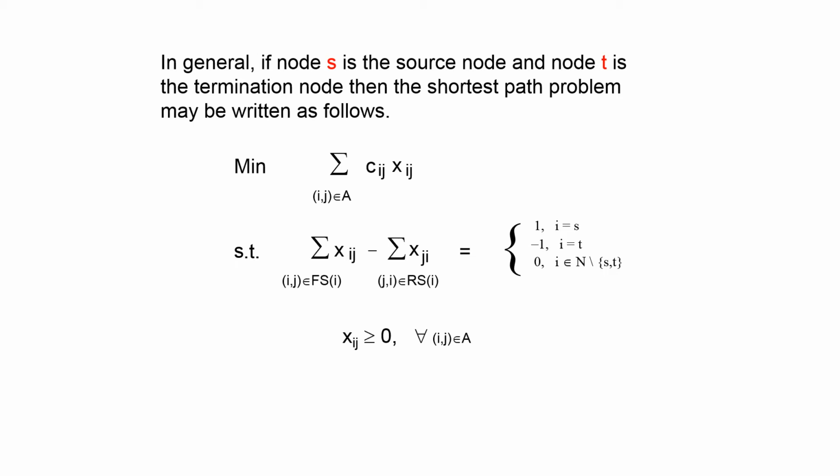Here's the LP formulation for the shortest route problem, where Cij are the distances between node i and node j, and Xij is a decision variable where Xij equals 1 if that route is taken, and Xij equals 0 if the connection between node i and node j is not considered, along with a bunch of constraints.